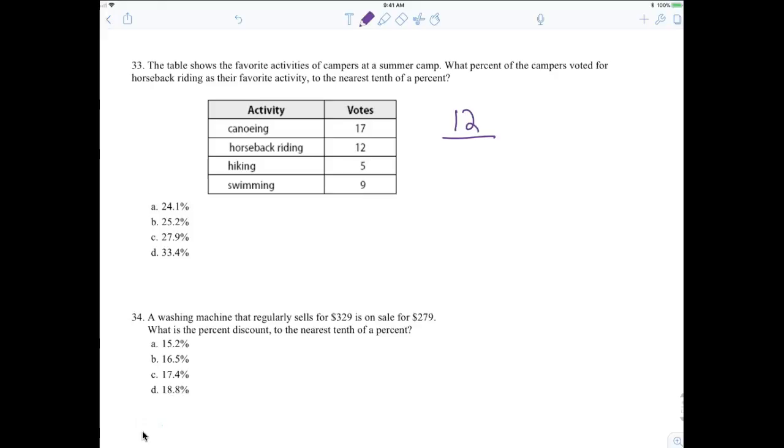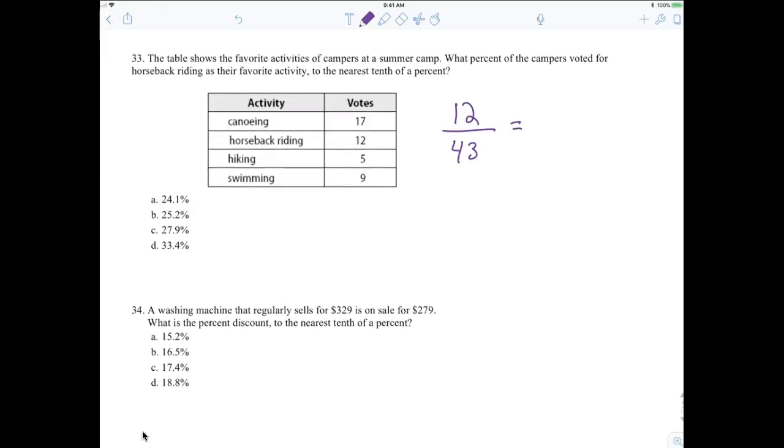Use your calculator if you need to, quickly. Okay. Stop talking. 43. How did you get that? You add all of them up. That's right. So now 12 out of 43. What decimal is that? That is 0.27. Exactly.